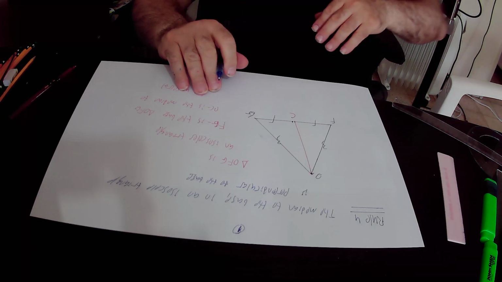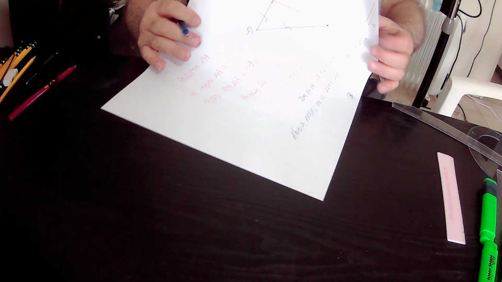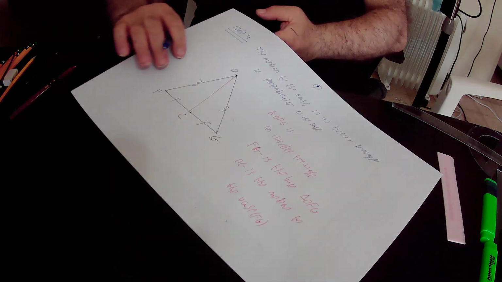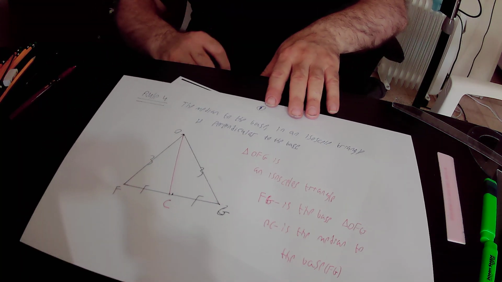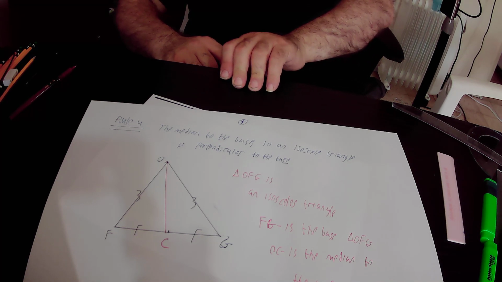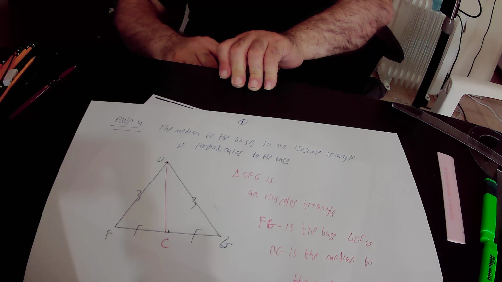I'll repeat rule number 4 again. According to rule number 4, the median to the base in an isosceles triangle is perpendicular to the base.